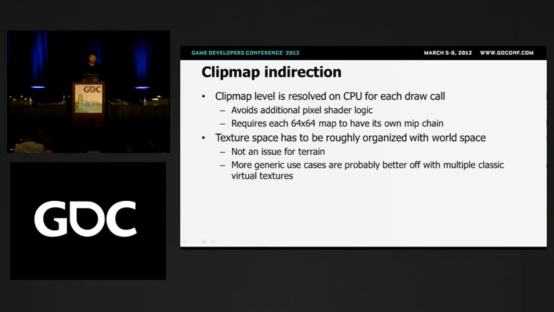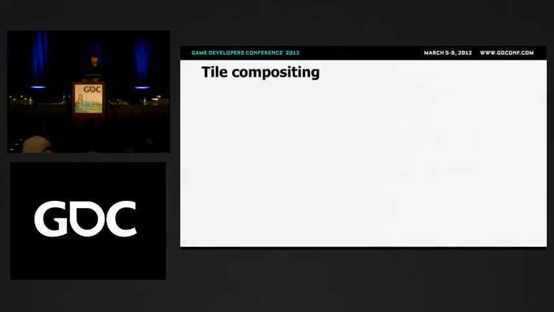For this to work, we have to have a pretty good alignment between texture space and world space, which is not an issue for terrain, but if you're trying to do a generic virtual texture system with those terra textures and apply it to all meshes on a level, you're probably better off just having a set of ordinary classical virtual textures.